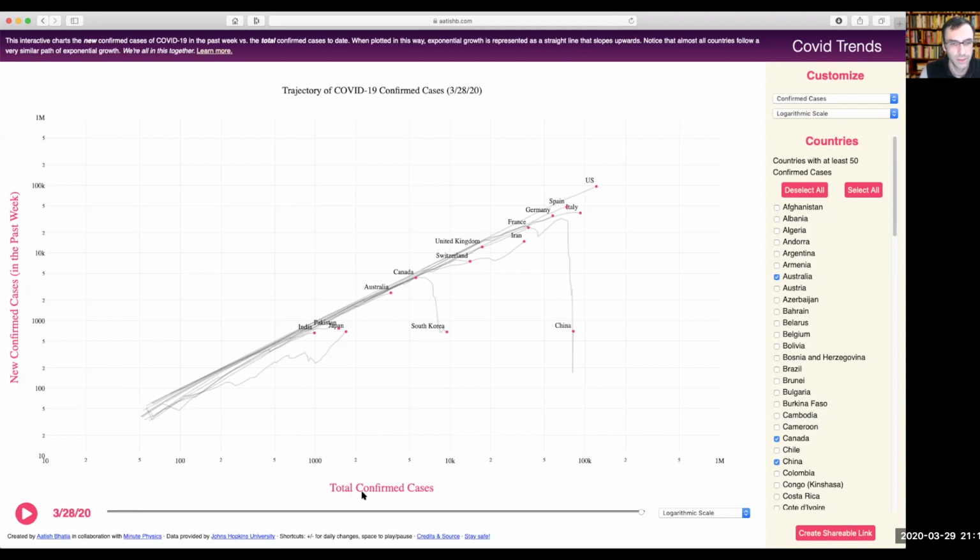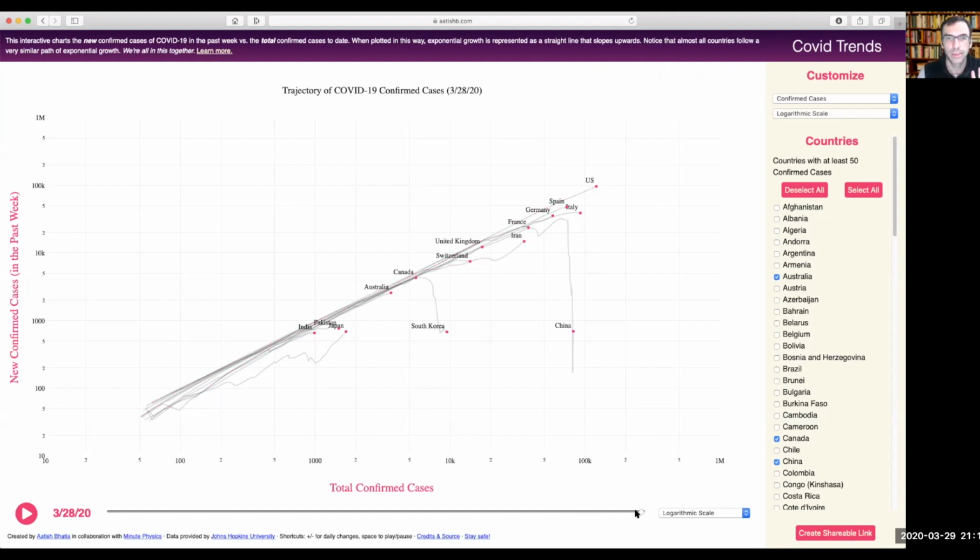But what they've done here is put the total confirmed cases on the x-axis and the new confirmed cases on the y-axis. What this means is that when we see a kind of logarithmic curve, that curve increasing at a faster and faster rate like we would expect in an epidemic, what we actually see on this chart is a straight line.